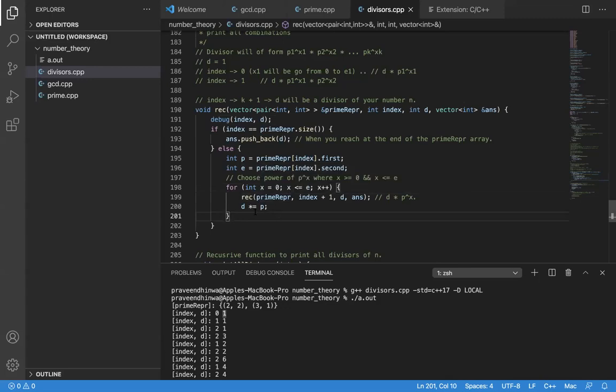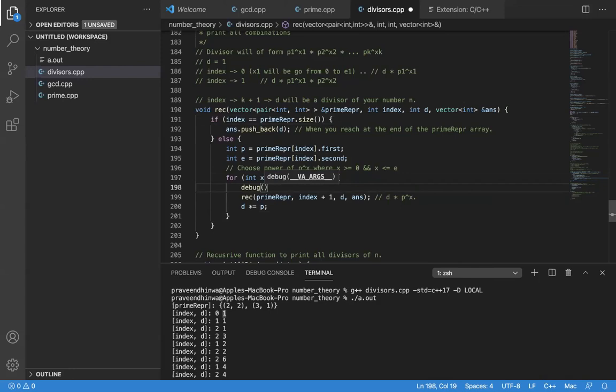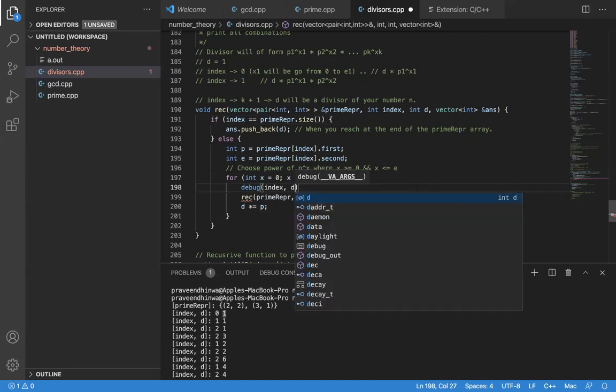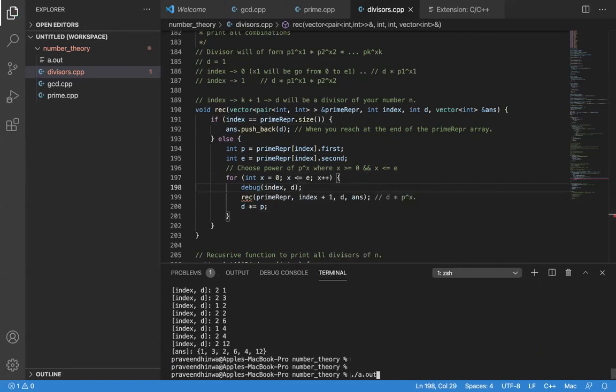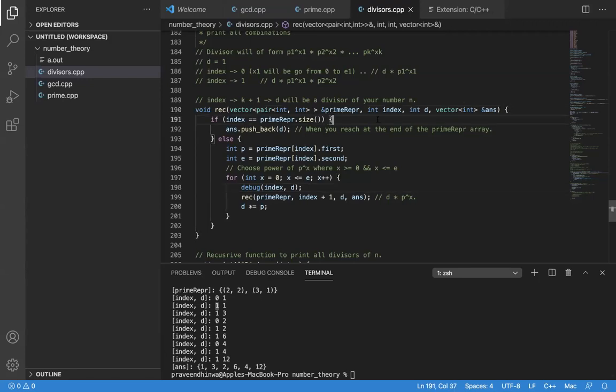At index 0, you can see I started with 1, and then I went to the next index again with 1. I should also print here.